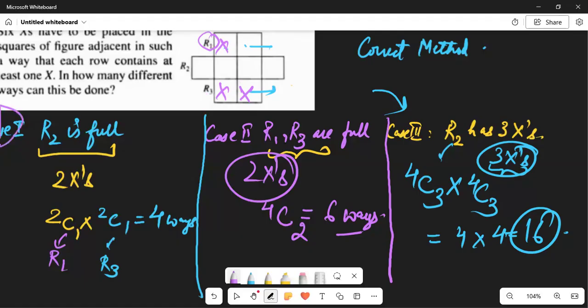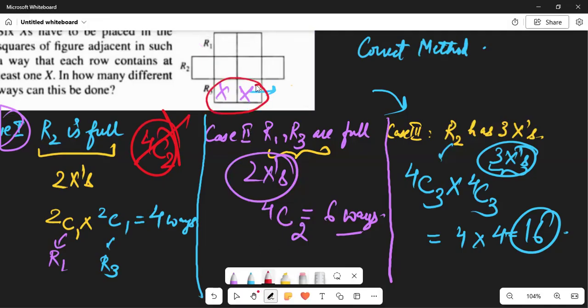But in case 1, what I asked you to do is 2C1 into 2C1. You could not do it like you have 4 positions and you had to choose 2 for your R1 and R3. You could do 4C2, but this would have been incorrect, because if you just choose 4C2, that means out of 4 positions you choose 2, then it might have been possible that you chose this x and this x.